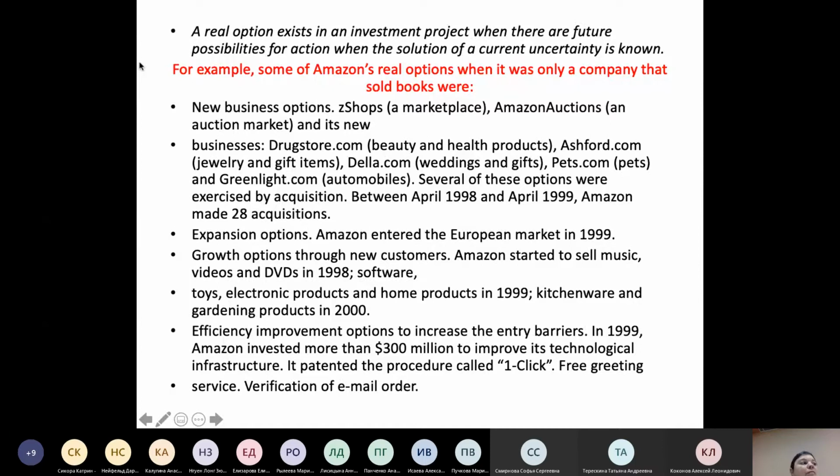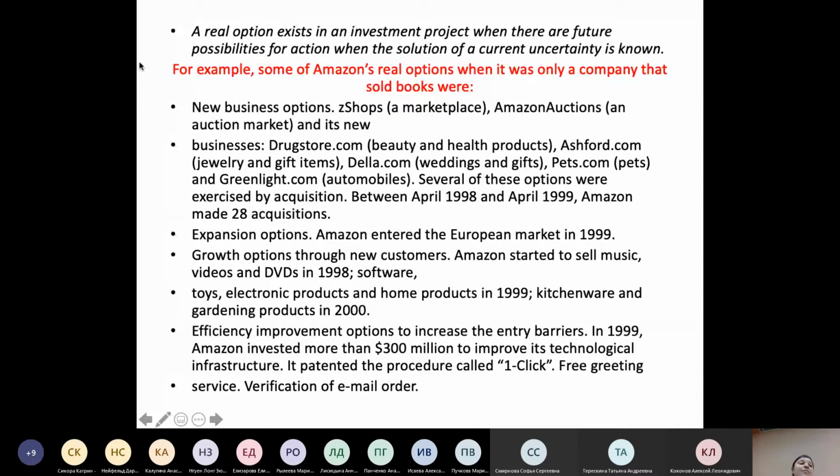And when you start preparing your homework, if, for example, you analyze well-known projects of Gazprom, or Norilsk Nickel, or Lukoil, certainly in the definition and description of investment projects of these companies, you can find a great part of real options.